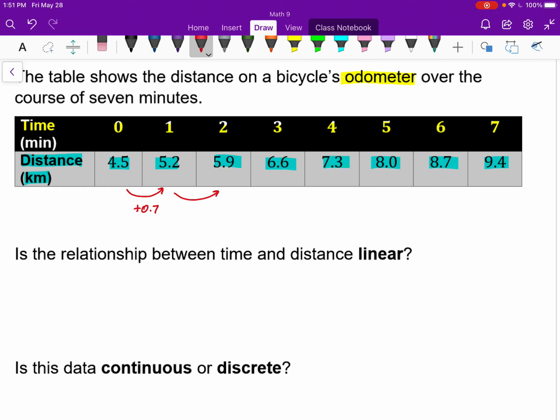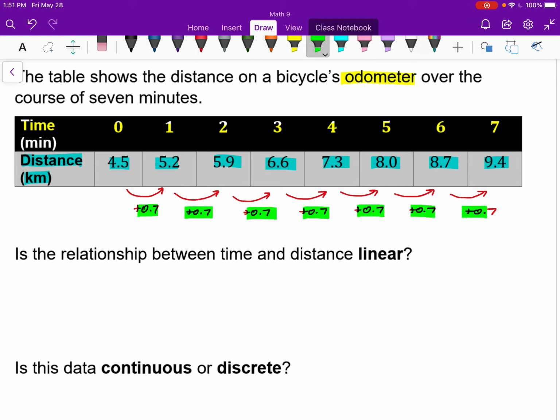And from 1 minute to 2 minutes, we go up 0.7. And if I keep checking, the change is always the same. For this particular relationship, every time we go from 1 minute to the next, we are going up by 0.7 kilometers. And because this change, 0.7, is always the same, that means the change is constant, which means this is linear.